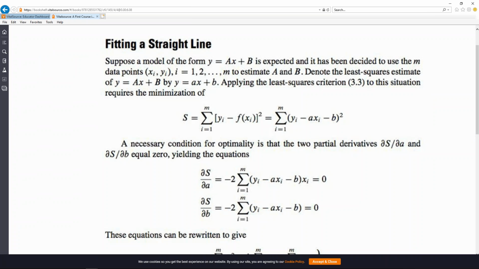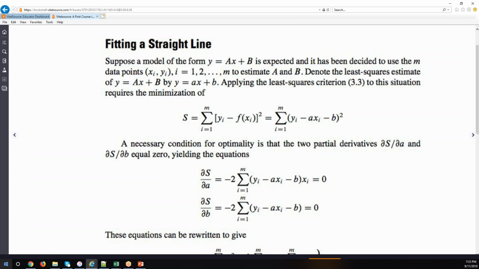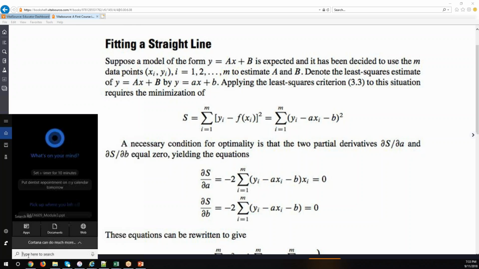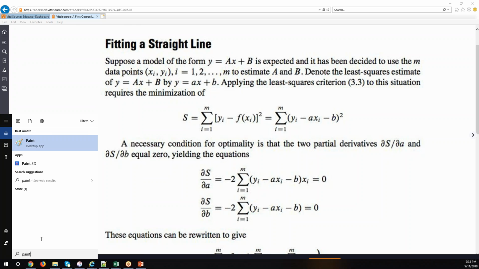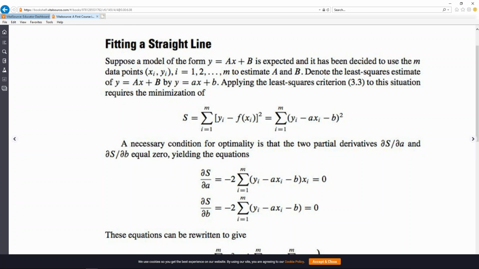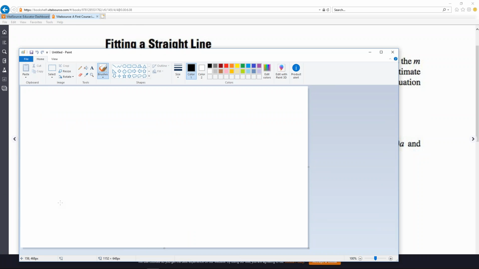For example, when we try to estimate a linear regression, if I use a specific example here, we have certain x and y's, a bunch of observations.